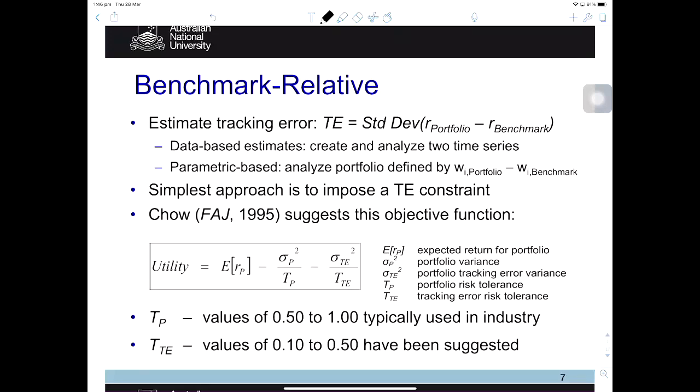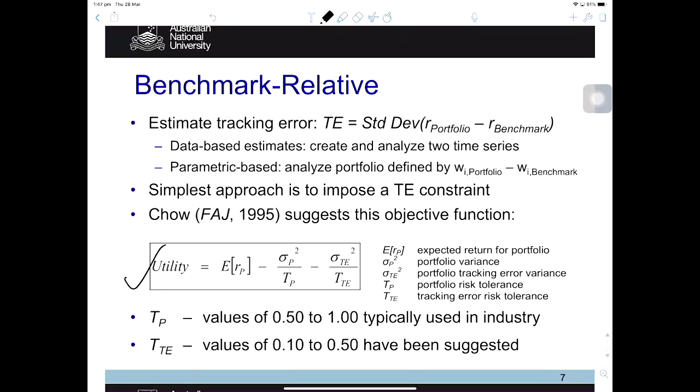This paper is quite old, from 1995, but it's a significant step forward for us to understand how to maximize the utility of investors from the perspective of managing the tracking error. The model presented in the paper is something like this.